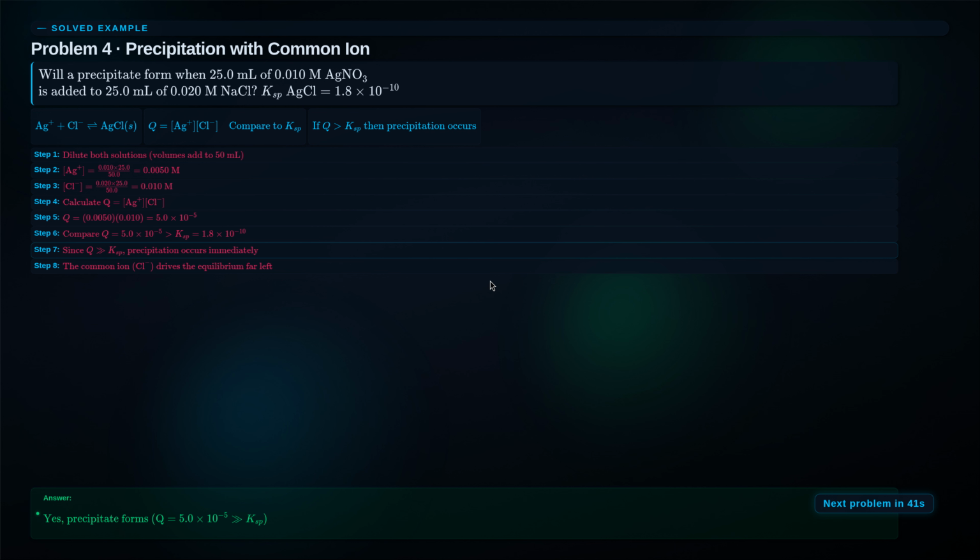Q equals 5.0 times 10 to the negative 5, which is much greater than Ksp of 1.8 times 10 to the negative 10. The answer: yes, a precipitate forms immediately because Q greatly exceeds Ksp. The common ion Cl- drives the equilibrium far to the left, causing precipitation.